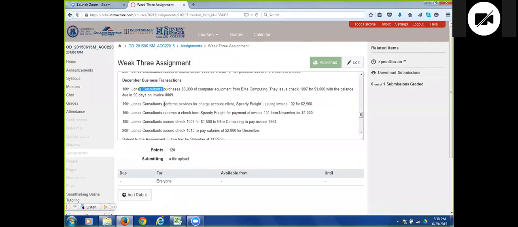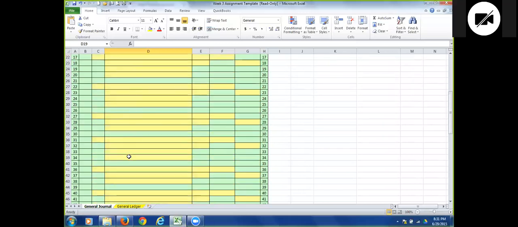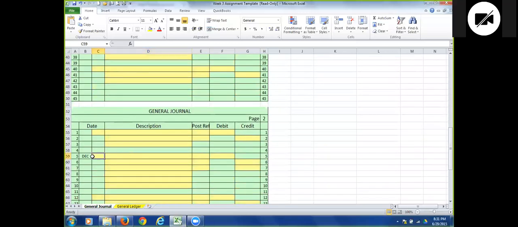So I'll do the first December transaction on December 10th. And I am actually going to skip on the spreadsheet. I'm going to do the December one the whole way down here just to keep it in chronological order.